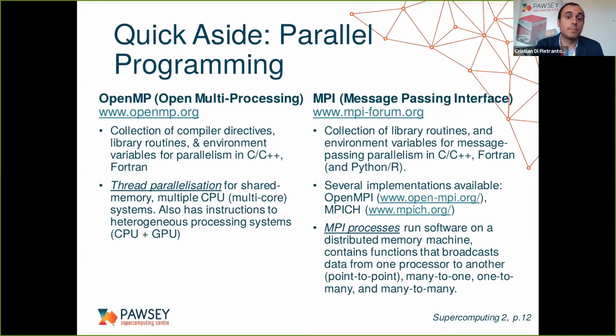As an aside on parallel programming, we want to mention two fundamental protocols and their implementations, that is OpenMP and MPI. OpenMP is used to create threaded applications, meaning an application with one process, but that process will create multiple threads that can take advantage of multiple cores present on a single node.